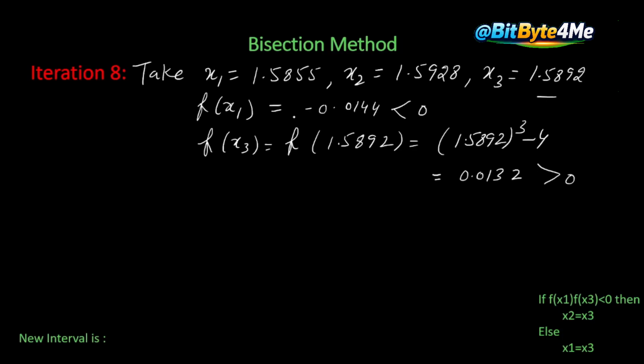So one is less than 0, one is greater than 0, multiplication will be less than 0. f of x1 into f of x3 is less than 0. So therefore x2 is equal to x3, meaning we will change the value of x2.